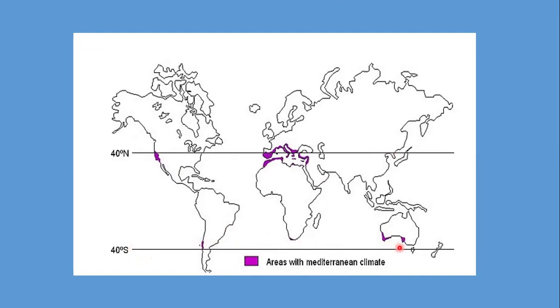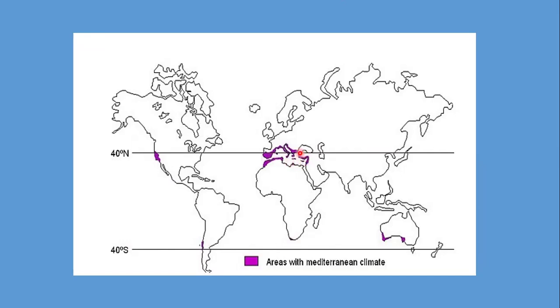Mediterranean climatic zones are located on the western margins of the continents. The largest area with Mediterranean climate is the Mediterranean basin, which gives its name to the climate.